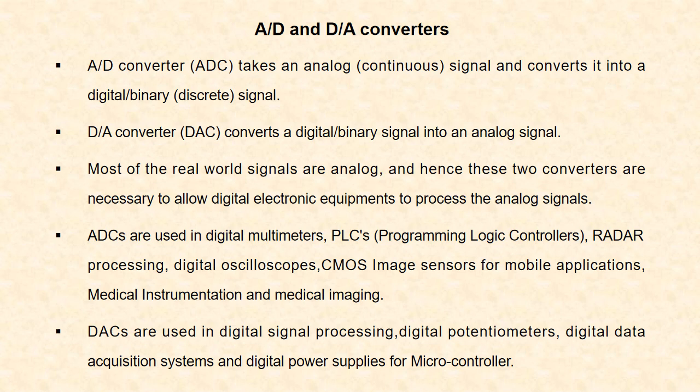Analog to digital converters are used in digital multimeters, PLCs, that is programming logic controllers, radar processing, digital oscilloscopes, CMOS image sensors for mobile applications, medical instrumentation and medical imaging. Digital to analog converters are used in digital signal processing, digital potentiometers, digital data acquisition systems and digital power supplies for microcontroller.